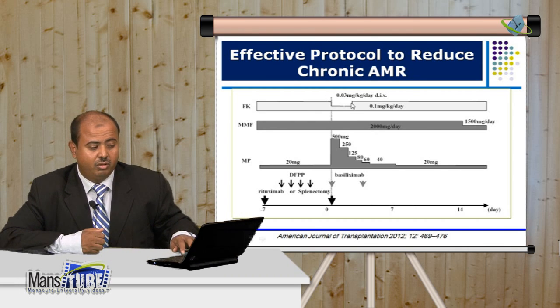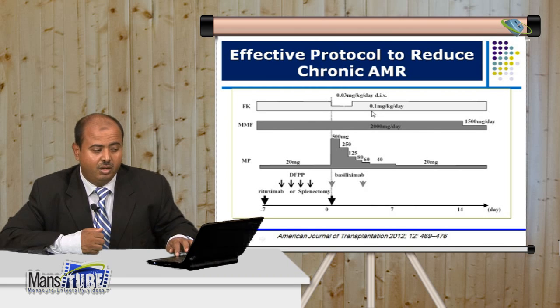Here we should give the patient the maintenance immune suppression, as you see here: tacrolimus given by these dosages and maintained on 0.1 milligram per kg per day and monitored by the tacrolimus level, MMF starting with 2 grams and then 1.5 gram after that period, and giving methylprednisolone in this way and maintaining the patient on prednisolone later.